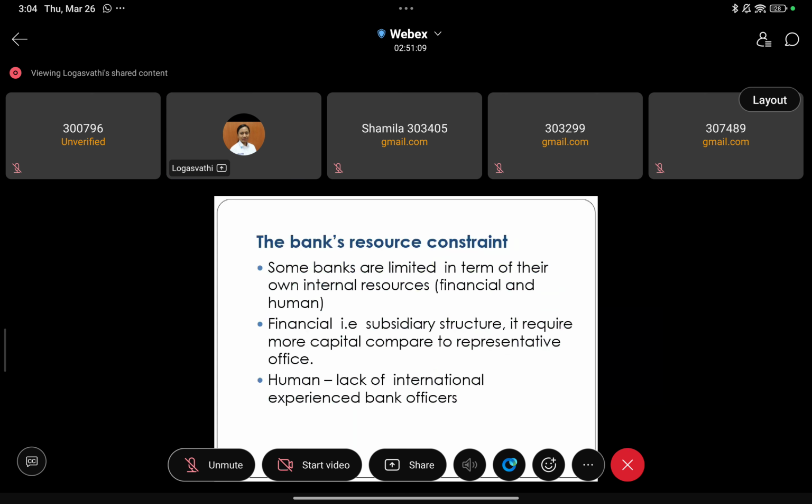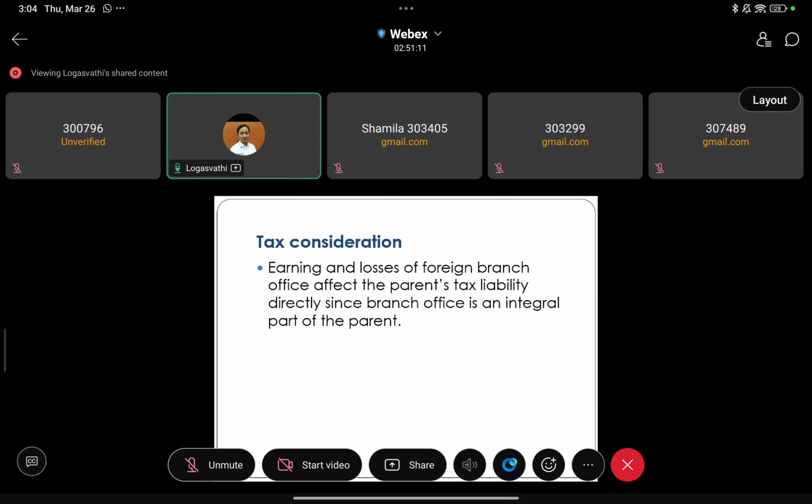All right. The next one is tax consideration. Tax consideration is an important factor for a bank opening a branch in a different country. If the tax rate is too high in that country, it will impact the home country's profitability.